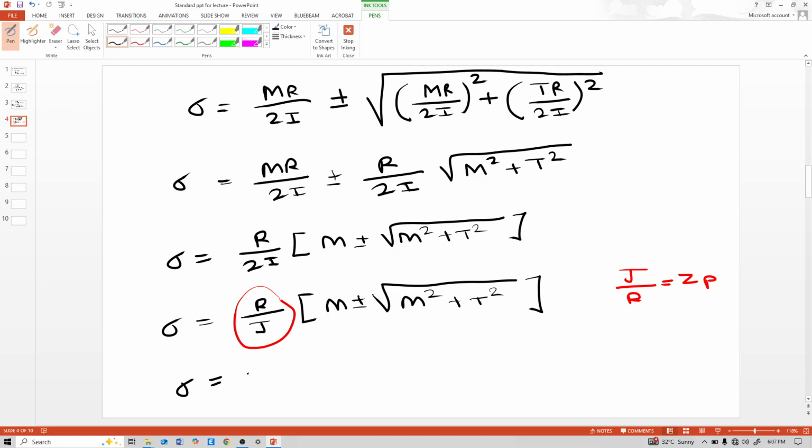So right here, J by R is Zp, and that means R by J is equal to 1 by Zp. Just calculate it mathematically: 1 by Zp, M plus minus under root of M square plus T square.